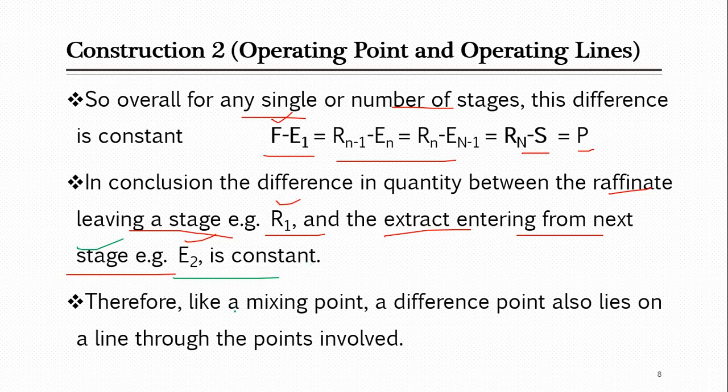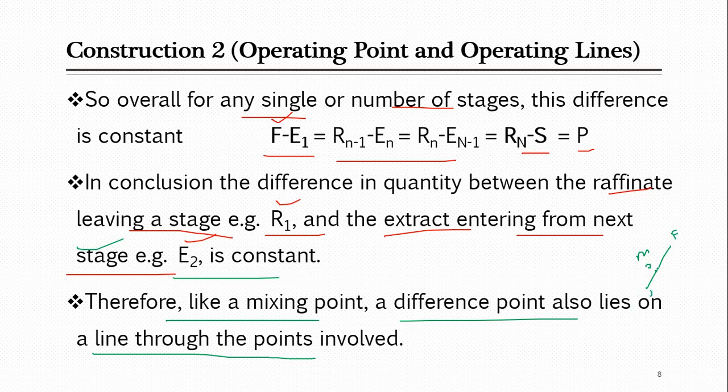One thing you can observe looking at the diagrams is that, similar to the mixing point, the difference points also lie on a line through the points involved. If you remember, the mixing point was a point which lies on the line connecting feed and solvent. You have seen this feed and solvent line in many diagrams up to here.